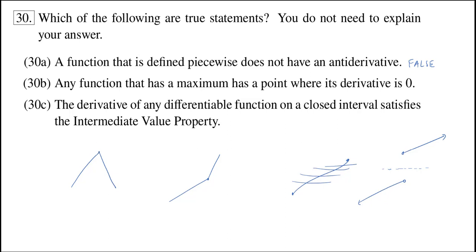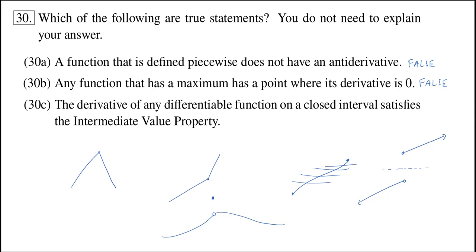Or maybe even you have some function that looks like, I don't know, it's going up, and then there's a little hole, and then it goes way up. That's the maximum. And then it turns around, comes down. Well, there's not even a derivative defined at this max point. And there's no real reason to believe this function has derivative 0. So in fact, the second one is also false.